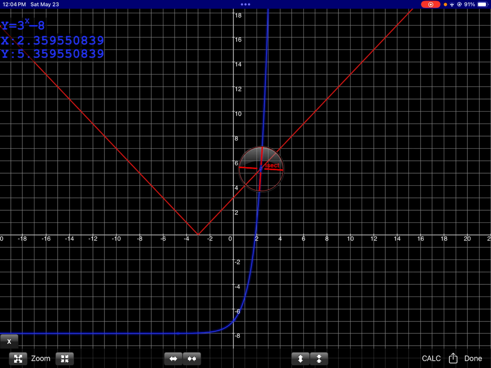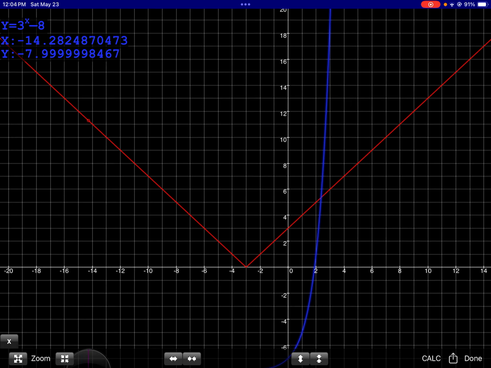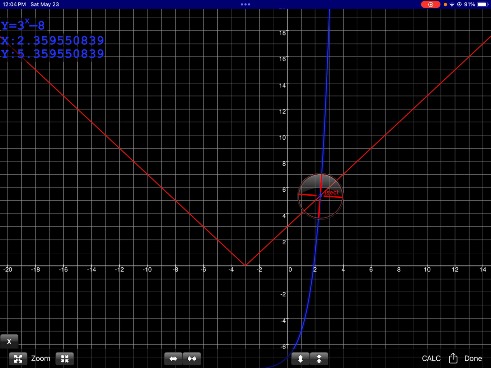So when you do your second trace intersect, you are only looking at your x, which is 2.359.